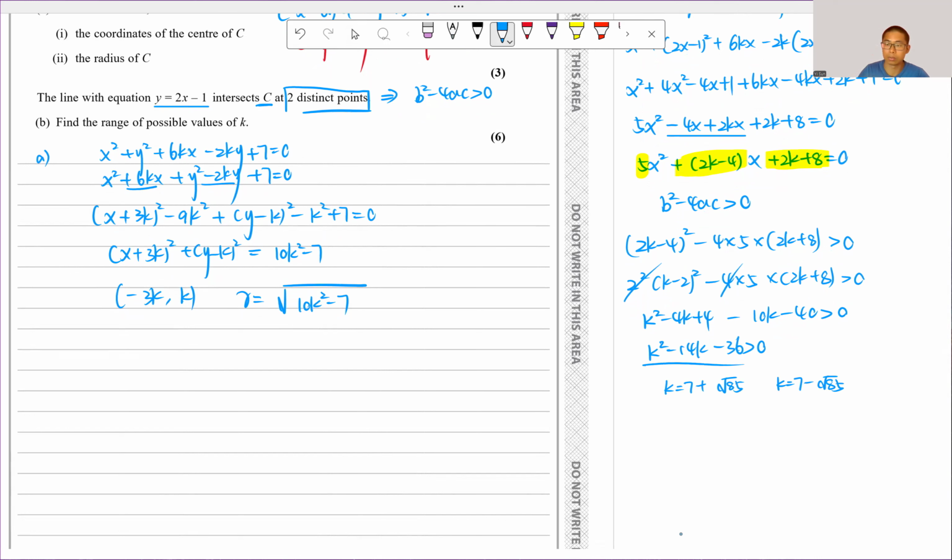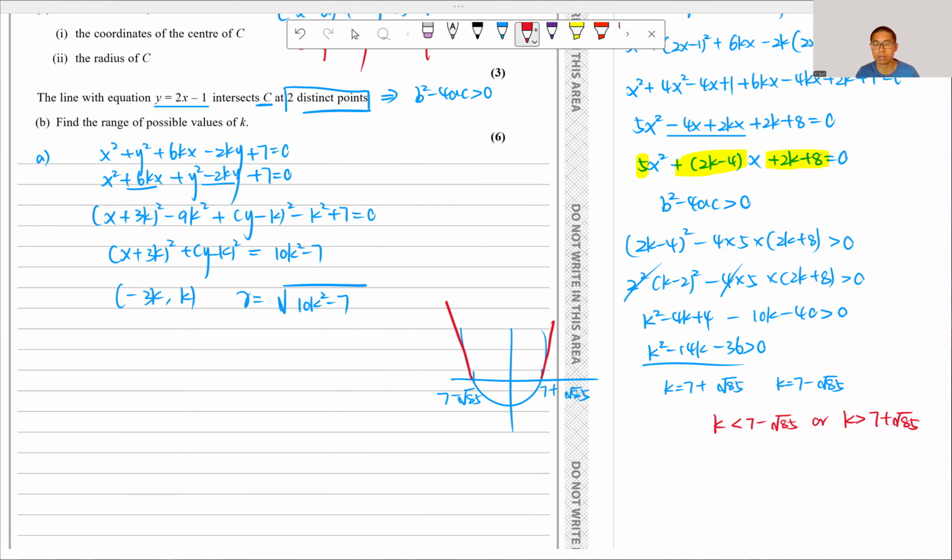And it's a positive quadratic, so we know it has to look something like that, with roots at 7 − √85 and 7 + √85. Since it's more than 0, it has to be this segment and this segment. So k < 7 − √85, or k > 7 + √85. That would be the final answer.